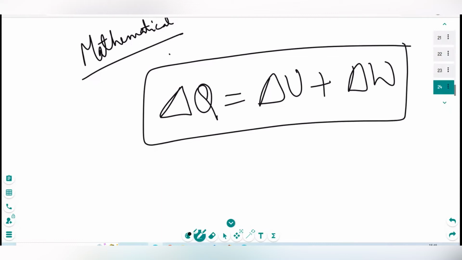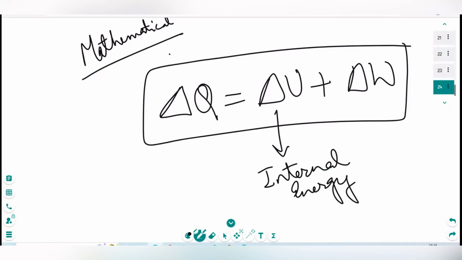So here you were asking me, ma'am, where do we write this internal energy? This we needed to tell you, dear. Internal energy, which we talked about. What is del Q? This is the heat of the system.